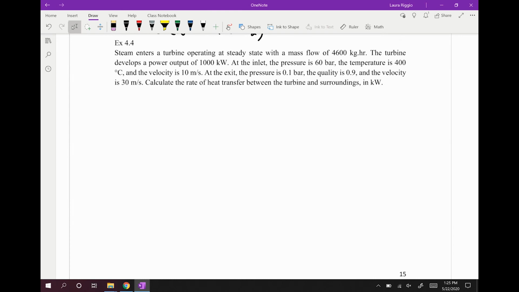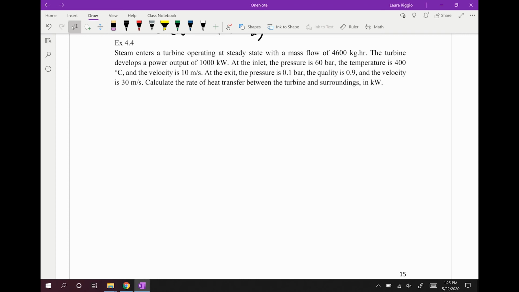The turbine develops a power output of 1,000 kilowatts. At the inlet, the pressure is 60 bar and the temperature is 400 degrees Celsius. The velocity is 10 meters per second. At the exit, the pressure is 0.1 bar, the quality is 0.9, and the velocity is 30 meters per second. We're going to calculate the rate of heat transfer between the turbine and the surroundings.